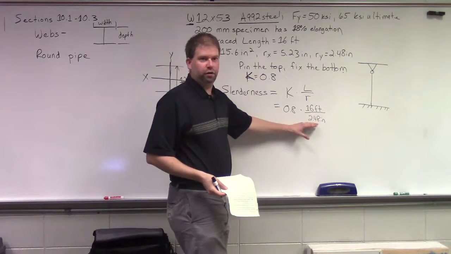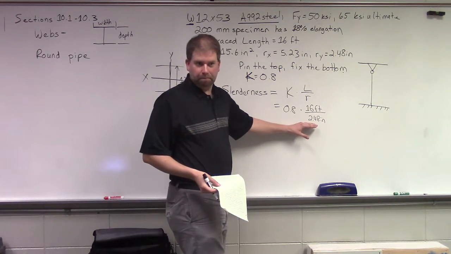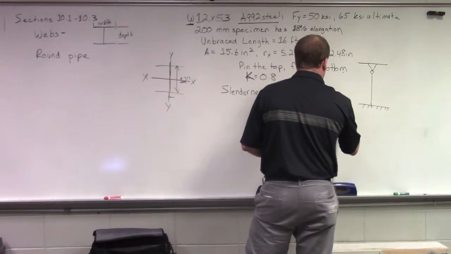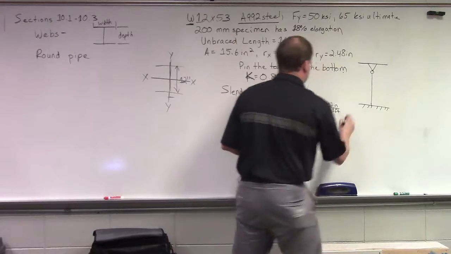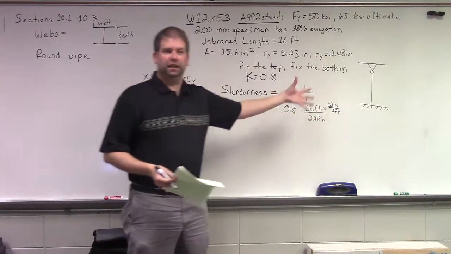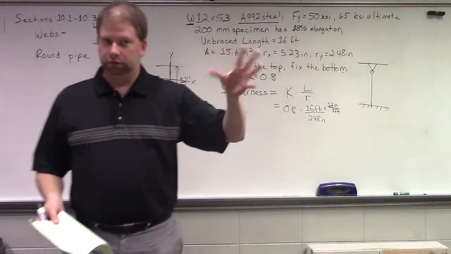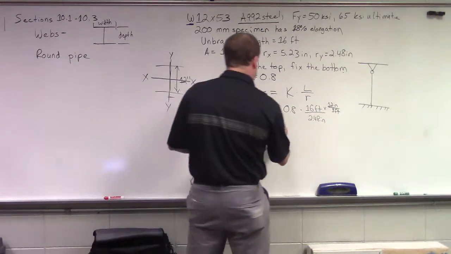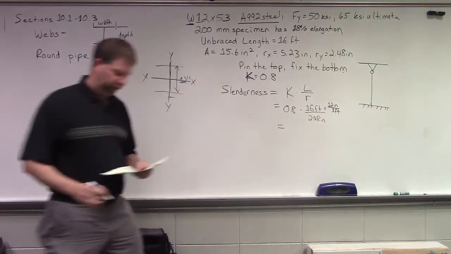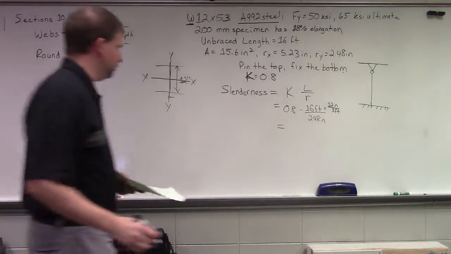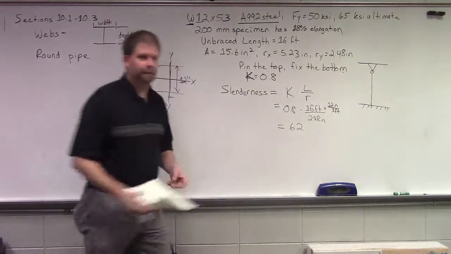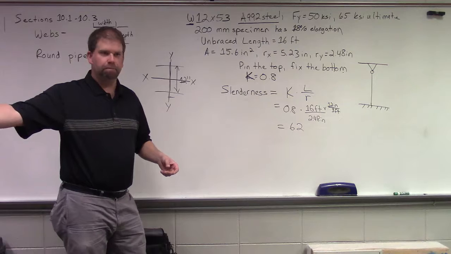And what do we have to remember to do here? Multiply by 12 inches, so that it's dimensionally the same. So what do you get for a slenderness? 62. And that's unitless. We're between 50 and 100.